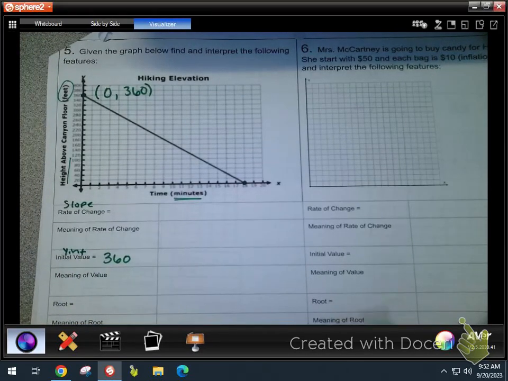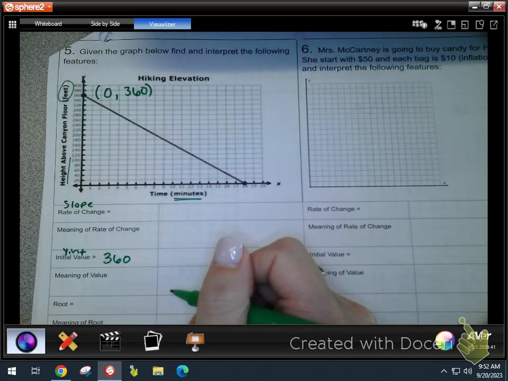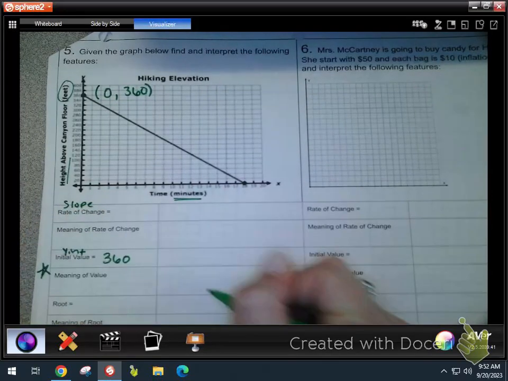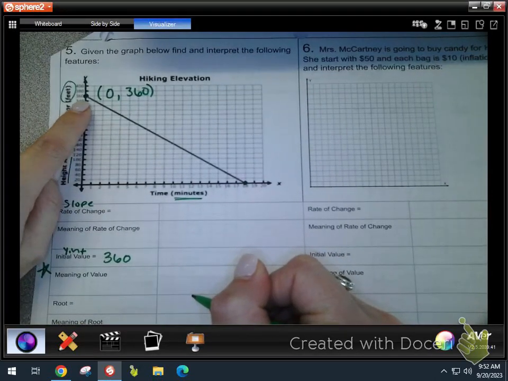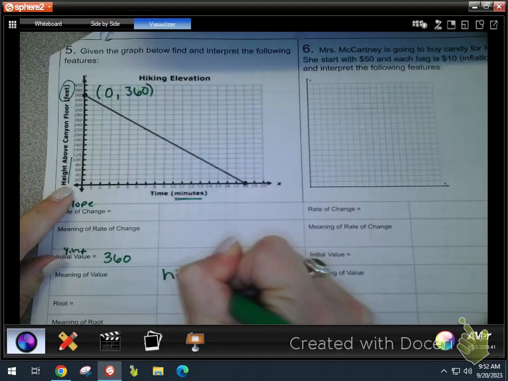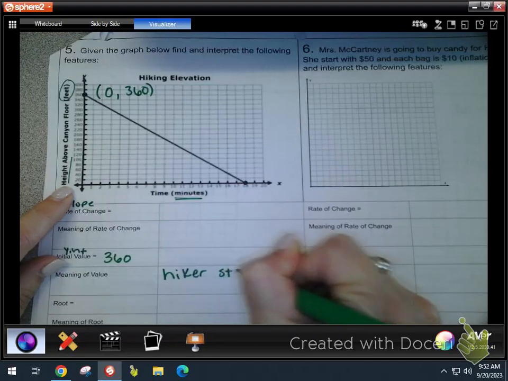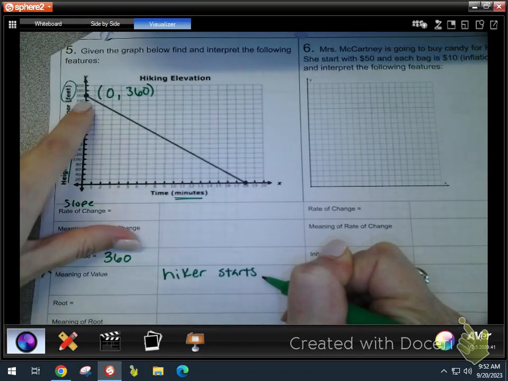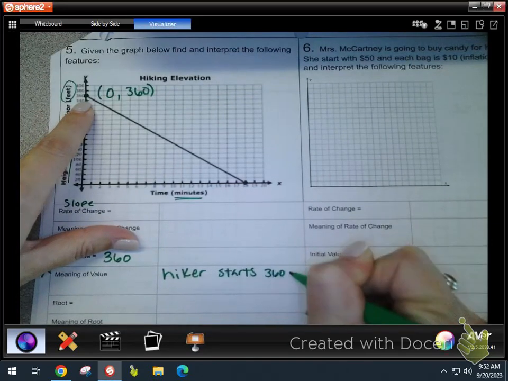What does that mean? Starting value. Okay, relate it to the story. I'm going to ask you to do this. So let's relate it to the story. What are we talking about? The hiker, are you with me? Starts how far above the canyon? 360 what?